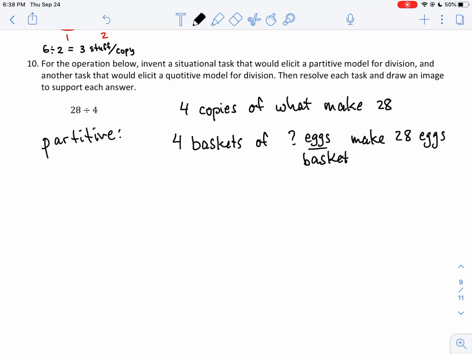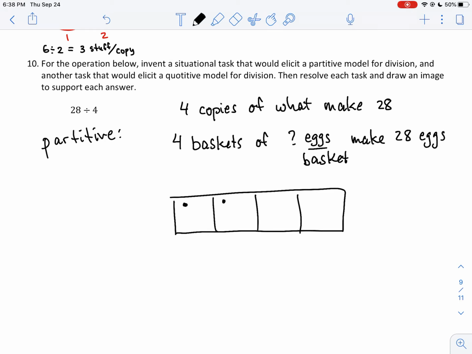We'll do fractions later. So as my representation of this, I'm going to do a box like this where each of these boxes represents one of the baskets. And I have a total of 28 eggs. Let's start handing them out like cards. So there's 4 eggs spread out to the baskets. There's 8 eggs accounted for.